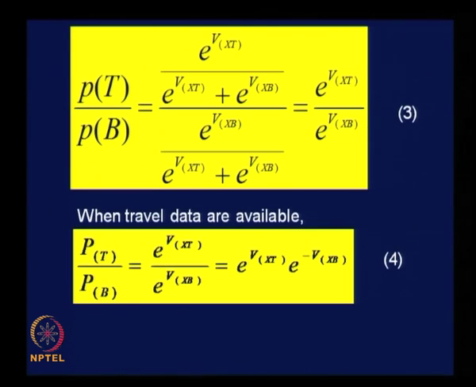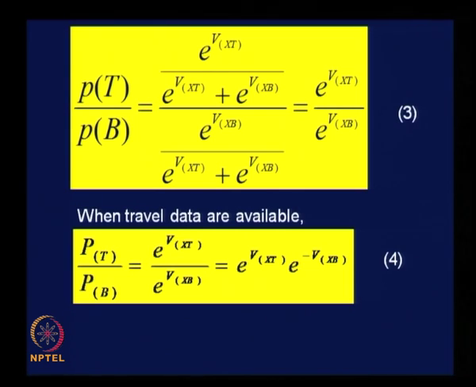And we can write, as given here, capital Pt divided by capital Pb equal to e power Vxt divided by e power Vxb. Capital P is to differentiate from the probability, it is the real share. That is nothing but e power Vxt into e power minus Vxb. We can write that way also. Now, let us do one more manipulation at this stage.